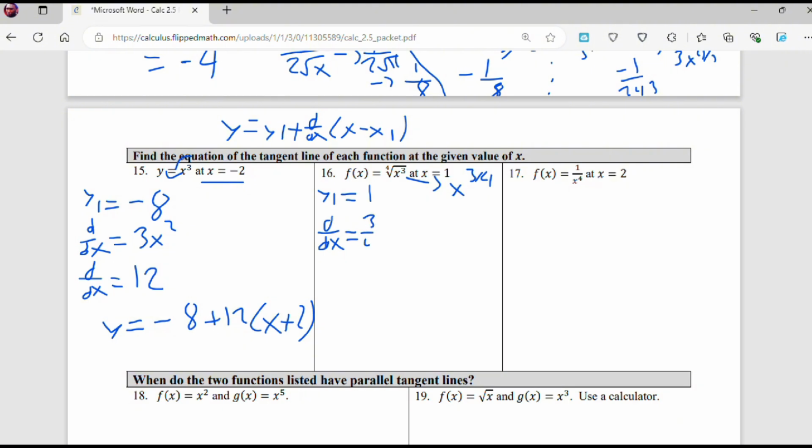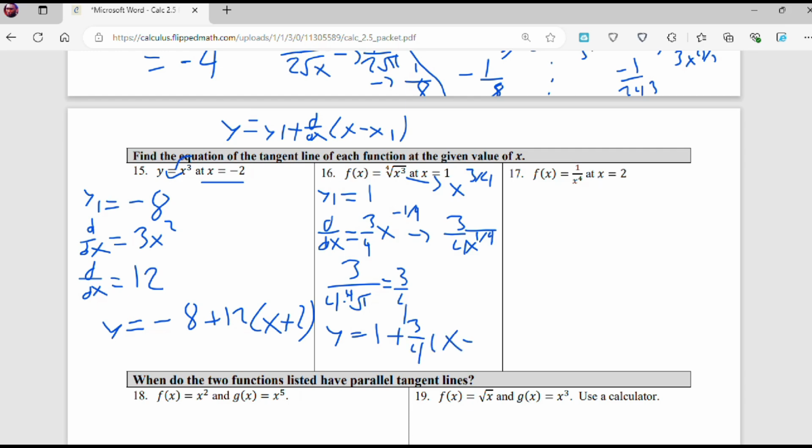Bring the exponent to the front times x to the n minus 1. So 3 over 4, and 3 over 4 minus 1 is negative 1/4. To get it into the denominator again, we make it positive. So 3 over 4 times the 4th root of 1 is going to give us our derivative, which is 3 over 4. So now we have everything. y equals y1 plus 3 over 4 times x minus x1.